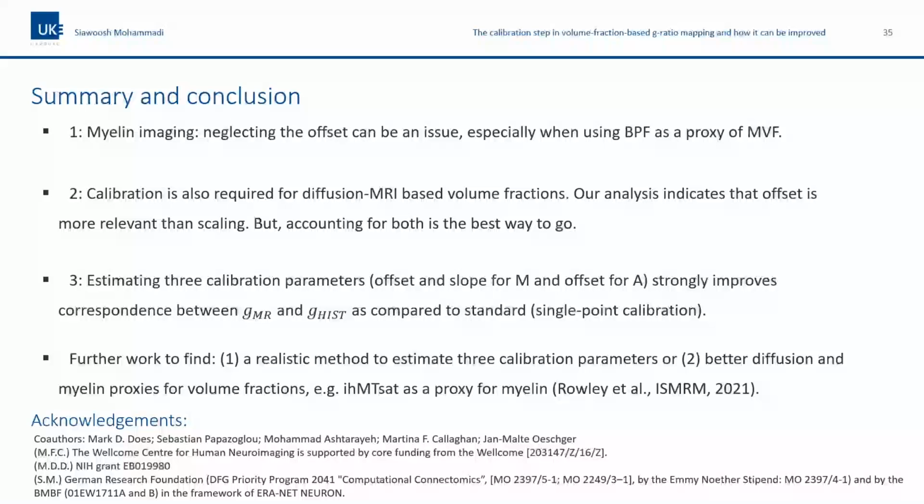But in the example you showed, you really needed to remove a lot of axons to see a subtle change corresponding to a subtle change in the myelin thickness. So in practice, will the G ratio really give us a lot more sensitivity to demyelination compared with just imaging myelin, some myelin-sensitive measure?